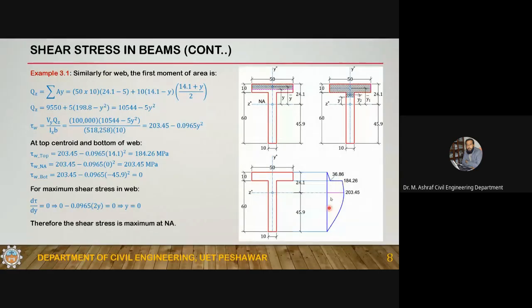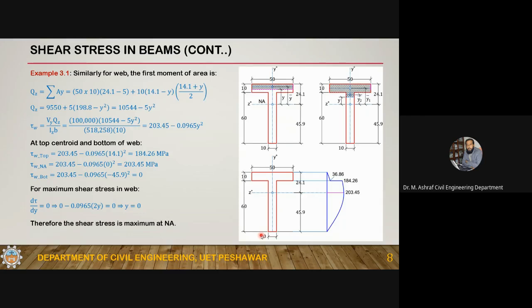And here you can see a very big contribution of this web. Okay, so it is said that if you want to strengthen a beam in shear, then you will have to strengthen its web, because most of the shear force is resisted by the web.